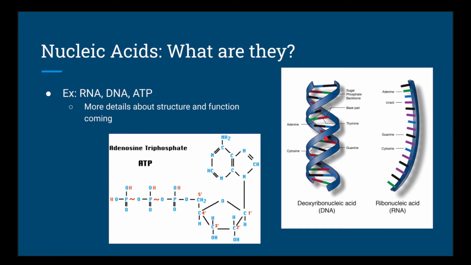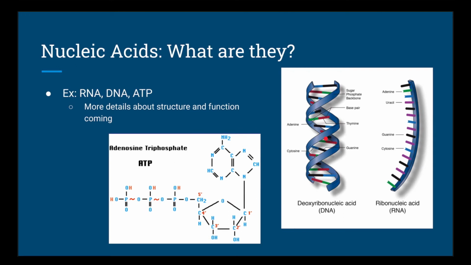On this first slide, I'm just going to give you a couple of examples. So the first one, ribonucleic acid, which is also RNA, DNA, deoxyribonucleic acid, and ATP, adenosine triphosphate.